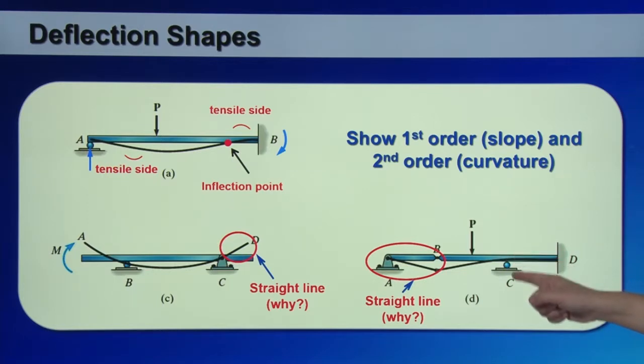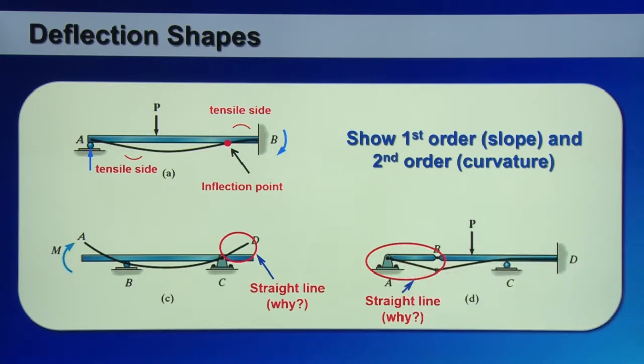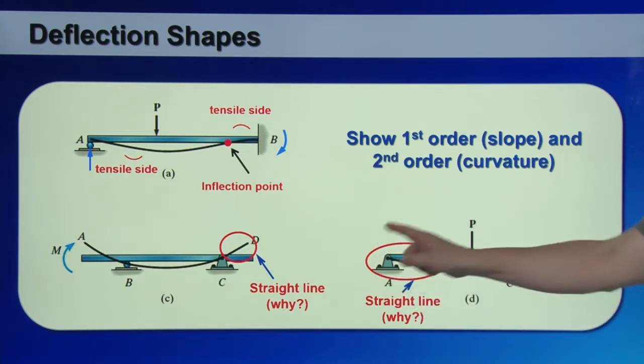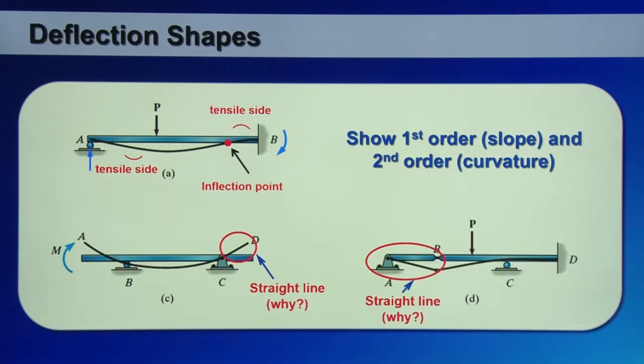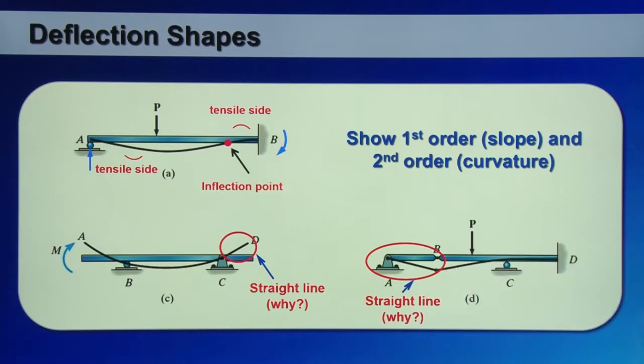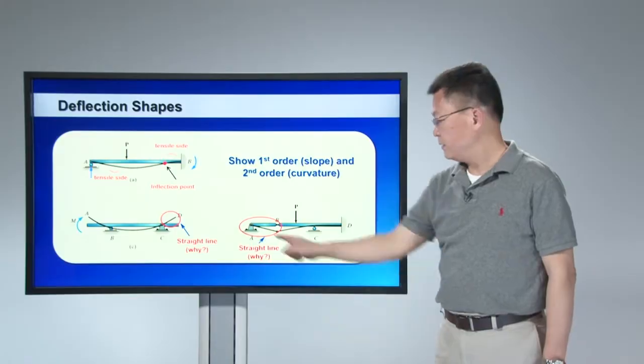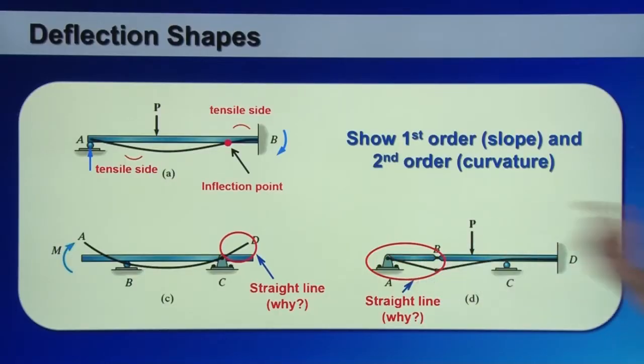And then again, this is a roller support, no vertical displacement. Hinge support, no vertical displacement. I also highlighted this portion between A and B, indicating that this deflection should be a straight line. Again, I want you to think about it, why is the deflection between A and B a straight line.